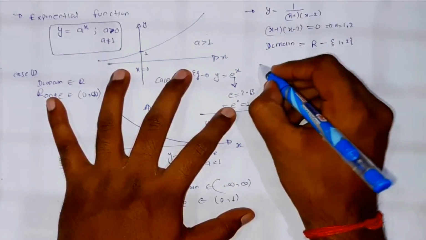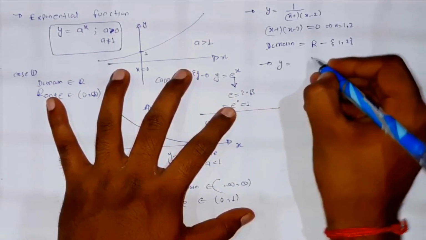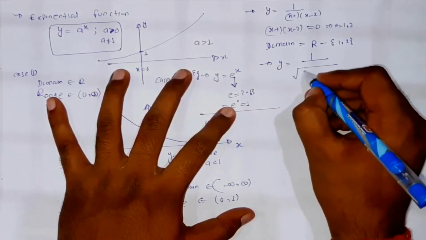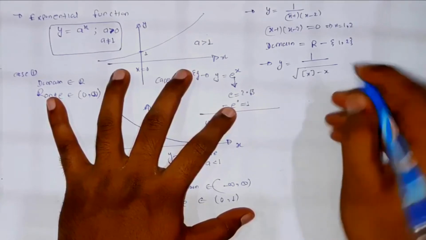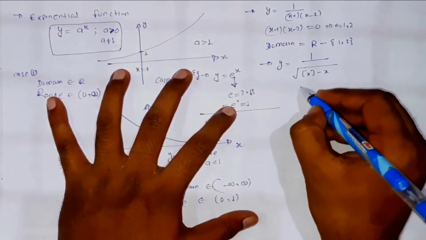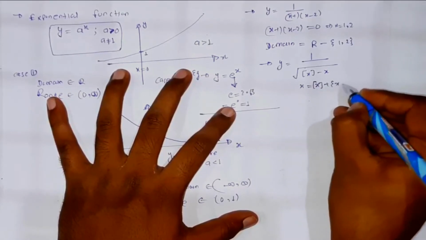Now I'm taking another example: y is equal to 1 upon (integral part of x minus x). Then we have to calculate the domain of this function. I know x equals integral part of x plus fractional part of x.